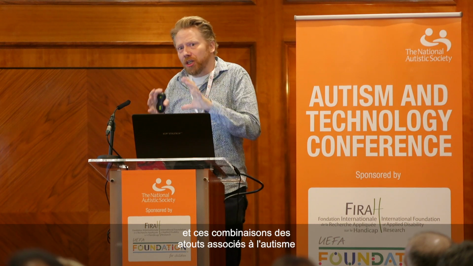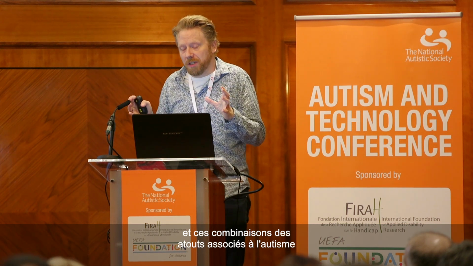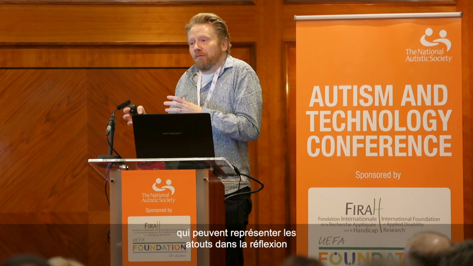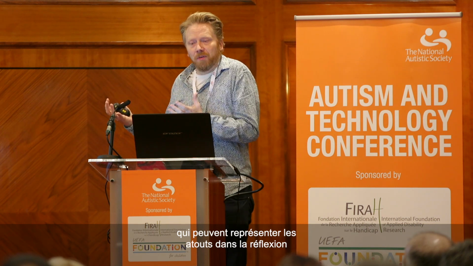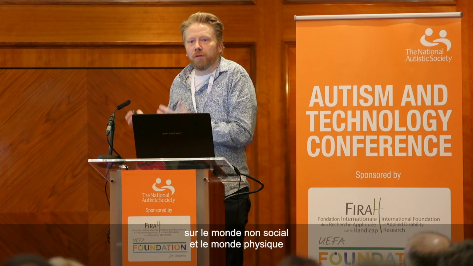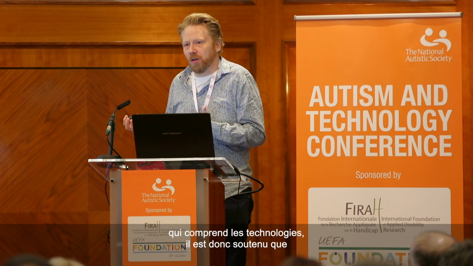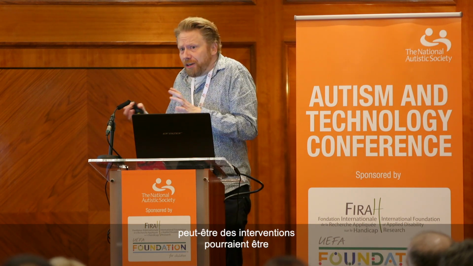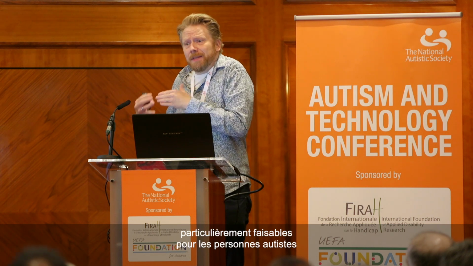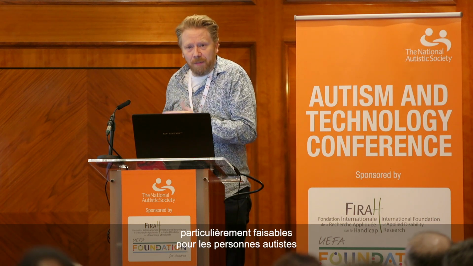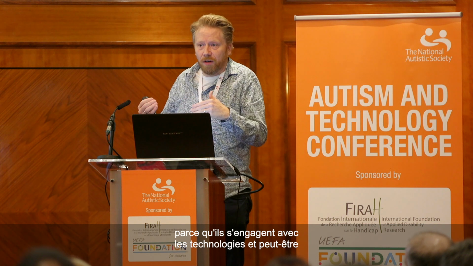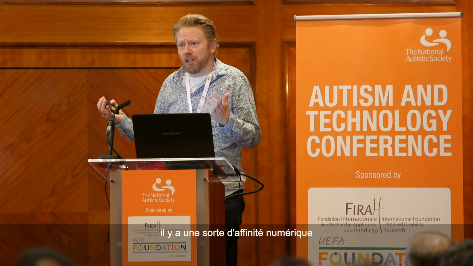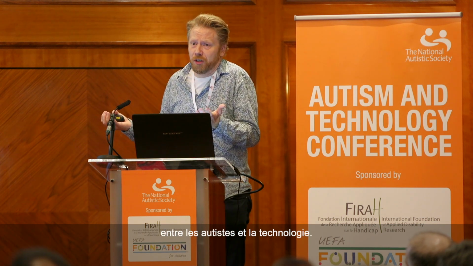These strengths associated with autism are argued to represent strengths in thinking about the non-social world, or the physical world, which includes technologies. So it's argued that interventions might be particularly amenable for autistic people because they're engaging with technologies, and maybe there's some kind of digital affinity between autistic people and technology.